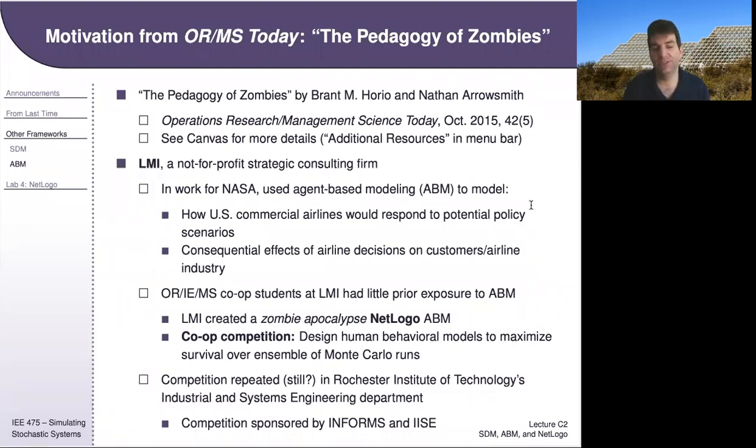And NASA was interested in questions about how commercial airlines would respond to potential policy scenarios, let's say, about how planes are allocated to the air. NASA felt that agent-based modeling was the best framework to answer these questions. But these are basically operations research questions that NASA was asking.